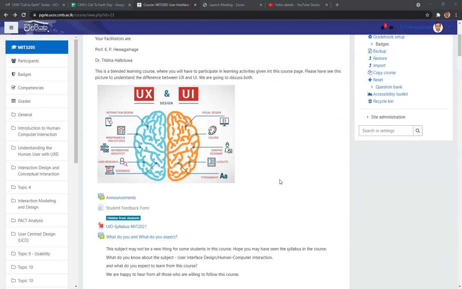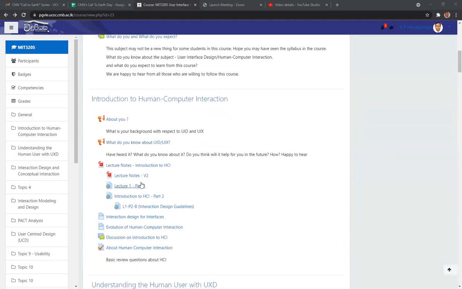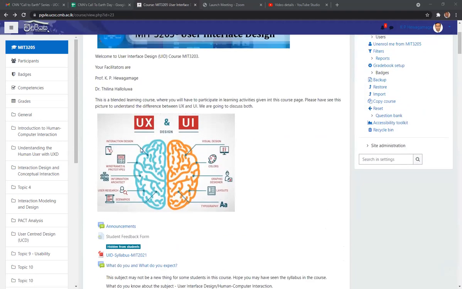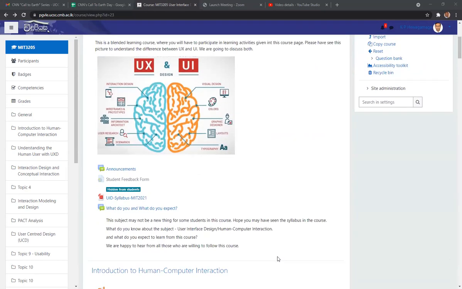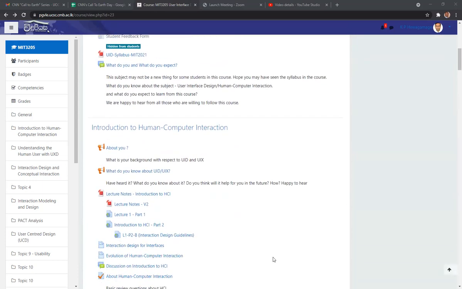So this course is called user interface design. That is the main thing. But there are two things that we are discussing with respect to user interface design. One is what we call interaction design, and the other is design based on the user's experience.